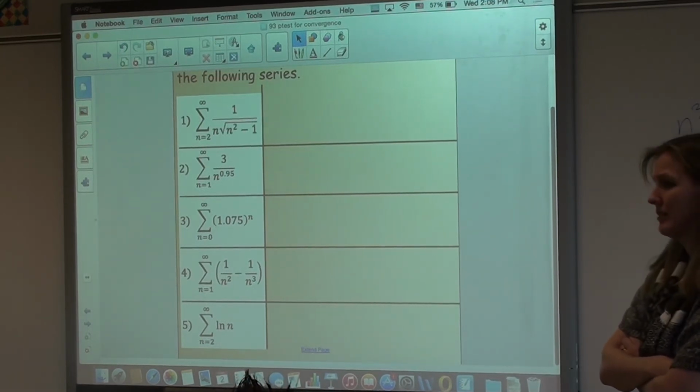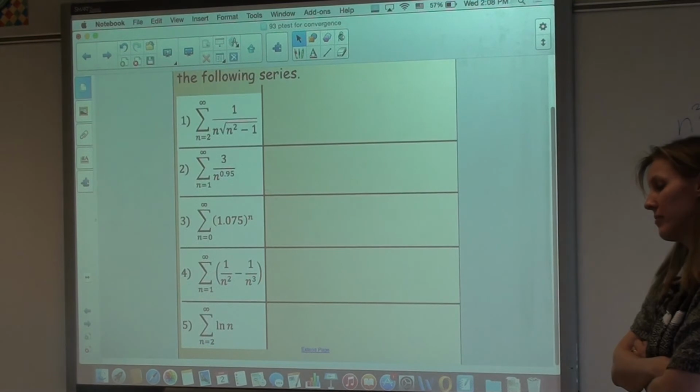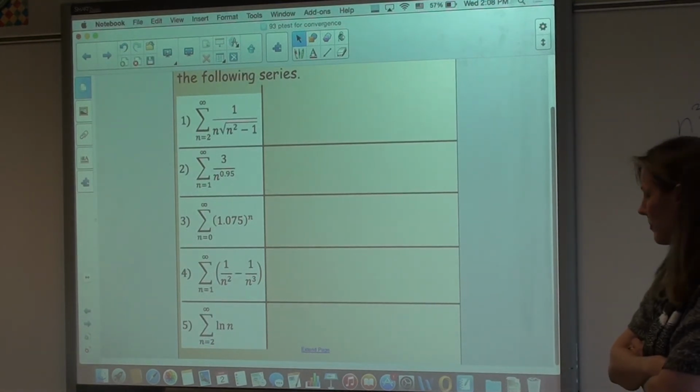Cause 1 squared is the same as 1. Oh, they would have to be multiplying each other.